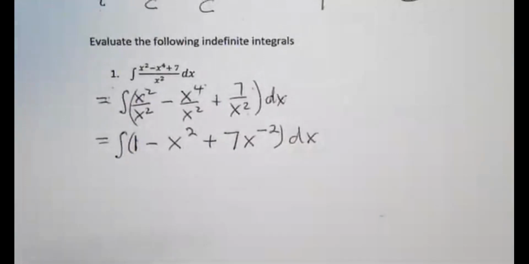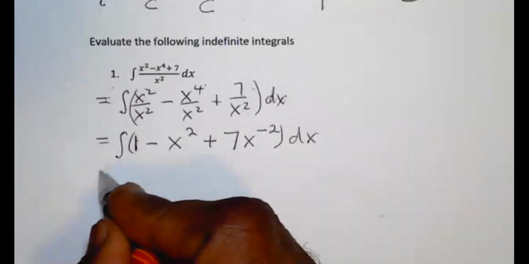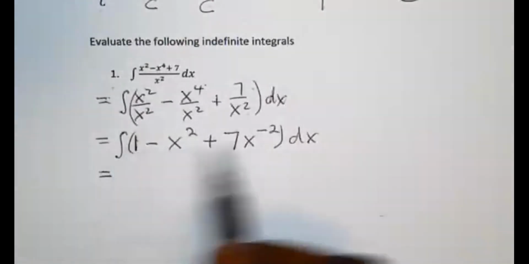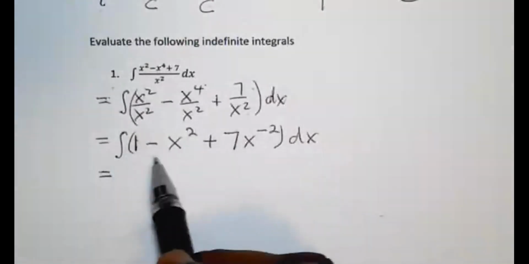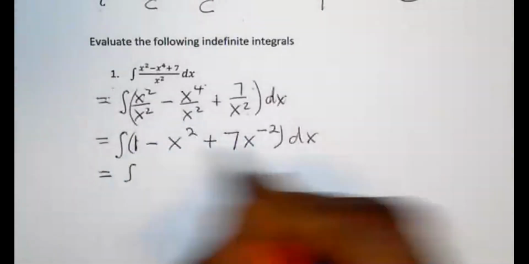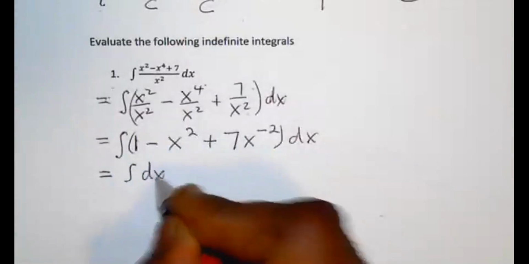Now this is in a very simple form that we can take the integral of, applying our anti-power rule of integrals. But before we do that, we can split this up using the sum rule. So this becomes the integral of 1 dx, which is the same as writing just dx.